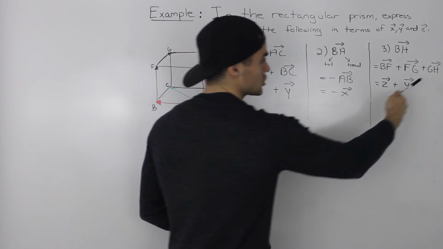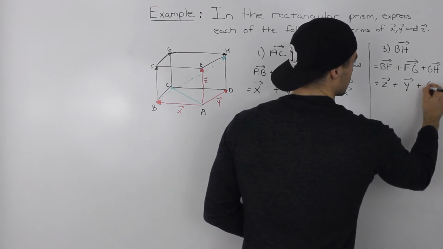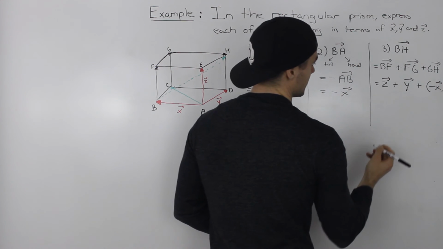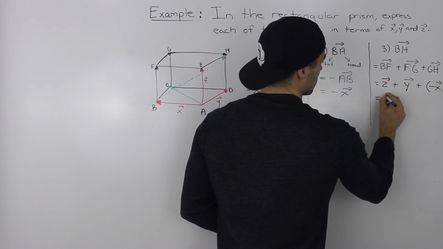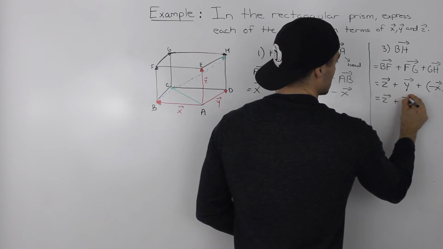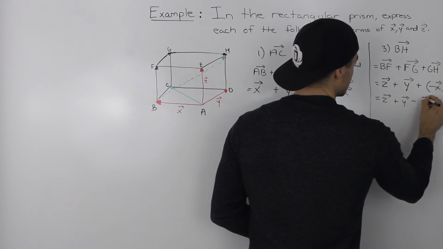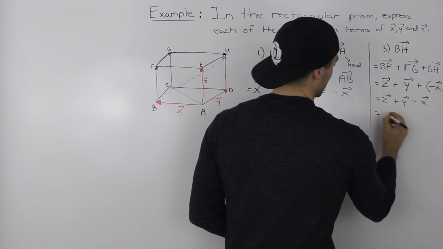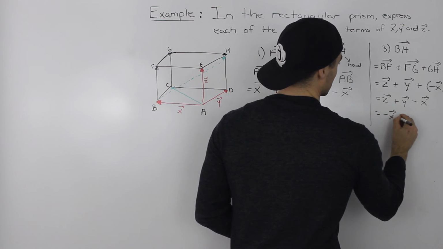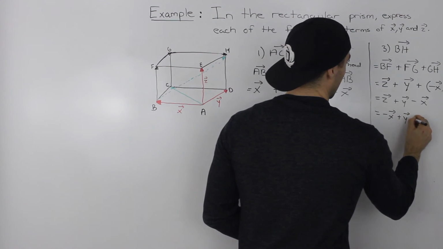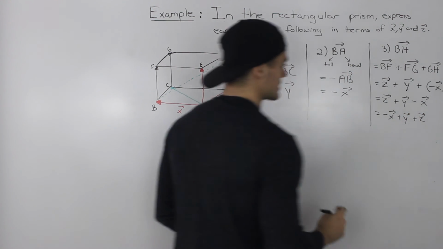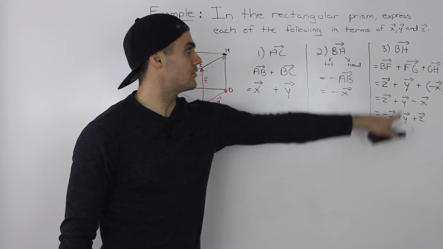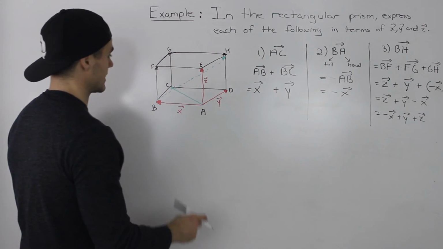So GH, we can just rewrite as the opposite vector of vector X. So making these look nicer, we would have minus X here. And then if we want to put it in alphabetical order, we could put the X first, then Y, and then the Z vector.